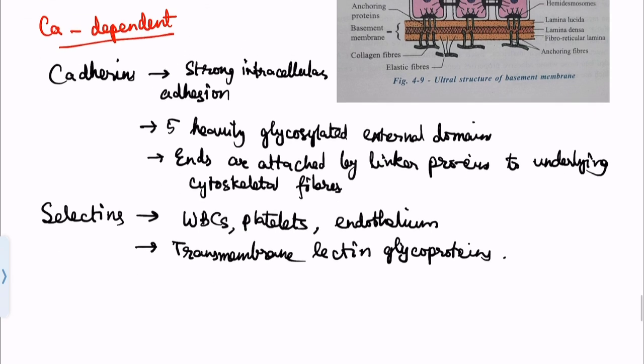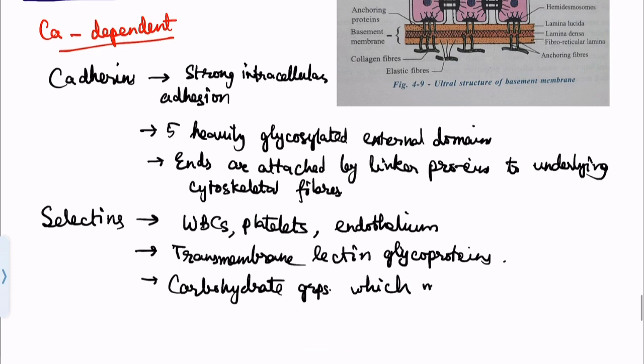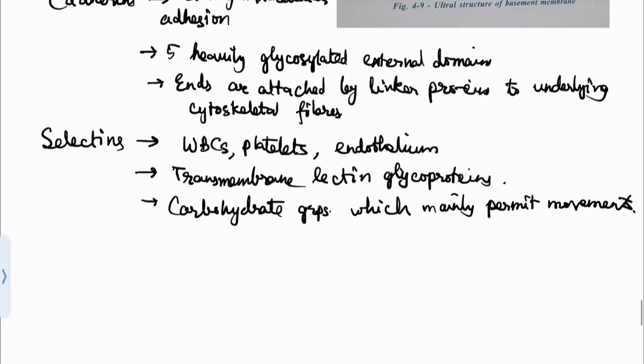Okay, so they mainly have carbohydrate groups, which mainly permit the movements. Like we know there are rolling and adhesion of leukocytes, WBCs, so those are all permitted by these carbohydrate groups.